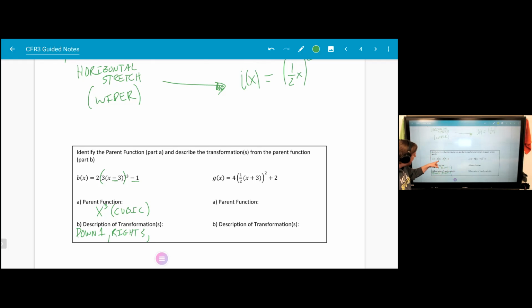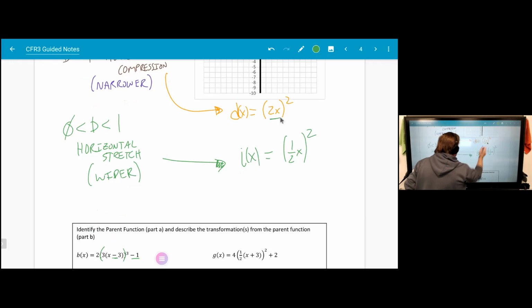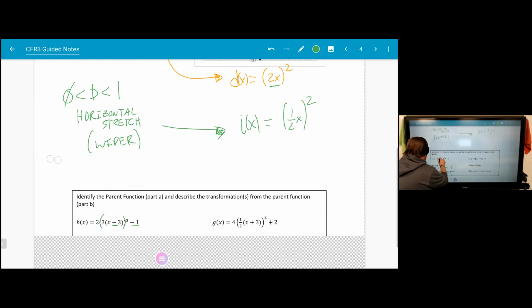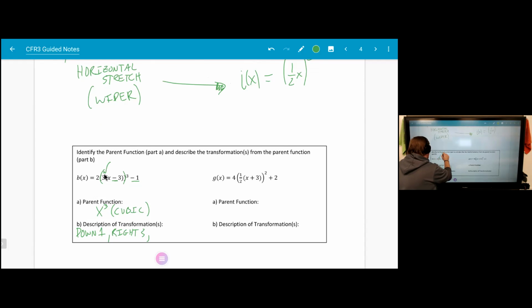I have got something multiplying inside the function. That's my b value. This b value is greater than 1. This is a horizontal compression, just like this up here. That 3 right here is a horizontal compression.